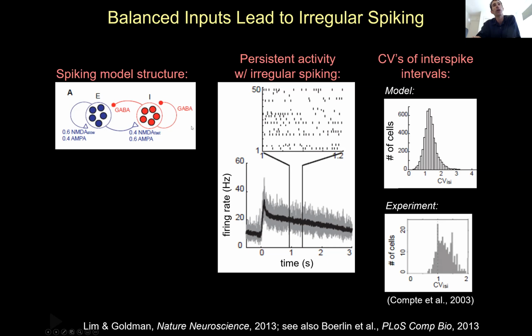This was really a mean field type model where everything was just randomly connected. So it was loosely balanced, balanced on average in a mean field sense. But you see this distribution of coefficients of variation in the interspike intervals looks very much like what people see in working memory experiments. Again, high CVs of 1 or between 1 and 2.